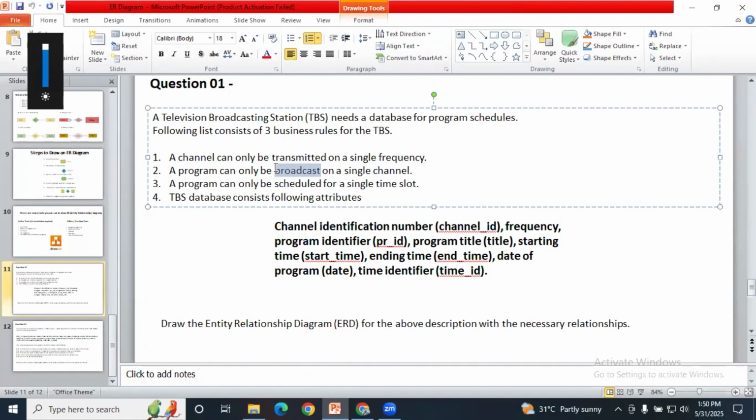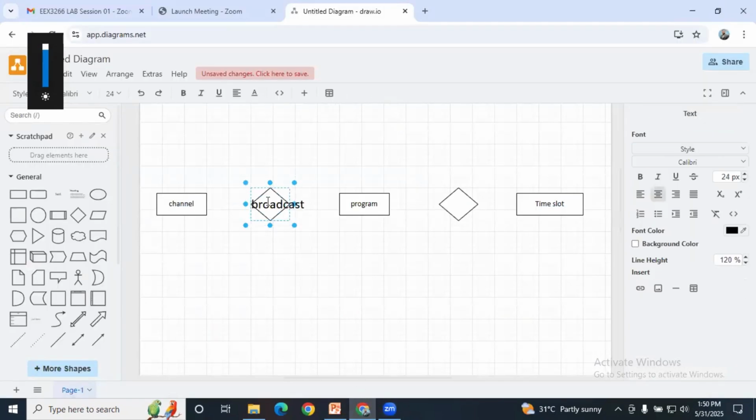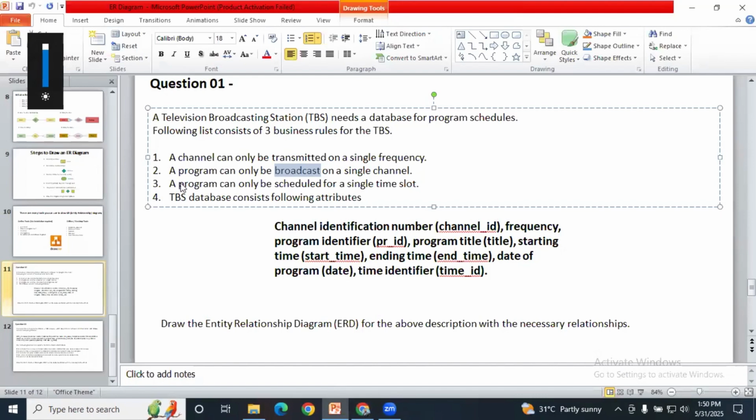So in here, they are saying a program can only be broadcast on a single channel. What is the relationship? Broadcast. So we can assign broadcast to the relationship. Okay. And another relationship: a program can only be what? Scheduled for a single time slot.